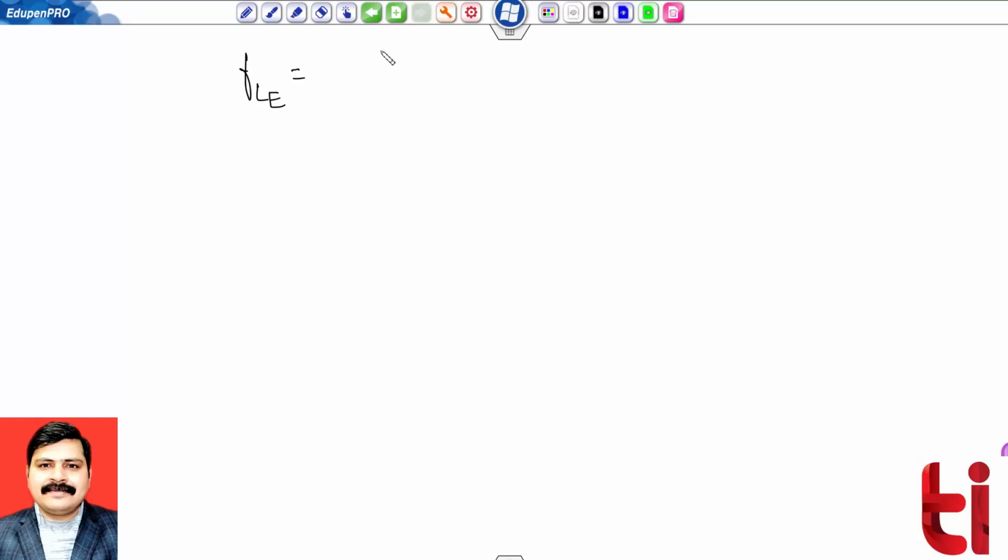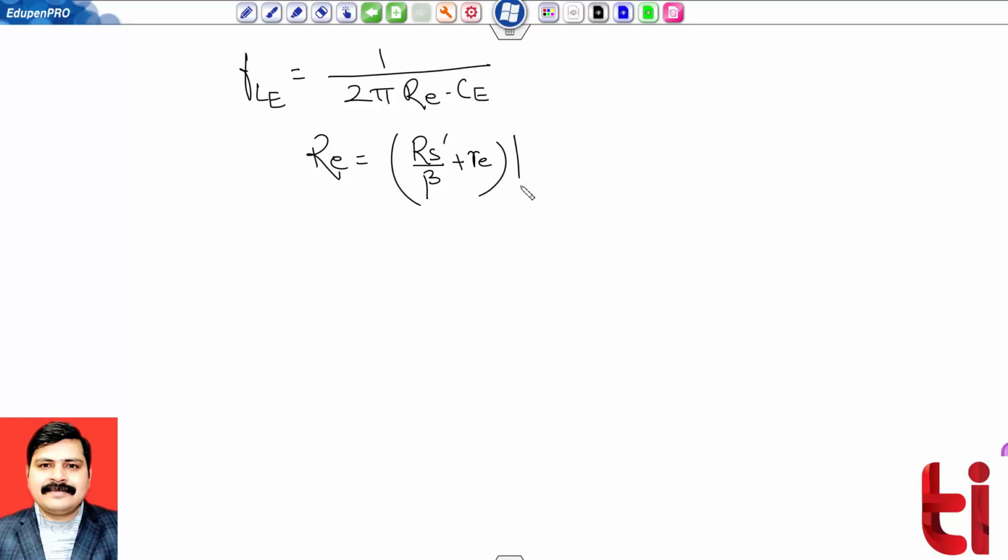Now let me calculate the last component, FLE, and this is 1 upon 2 pi Re times CE. So before that I have to calculate the value of Re, which is my Rs dash upon beta plus re, in parallel with resistance RE. So let me calculate Rs dash first, which is RS parallel R1 parallel R2.